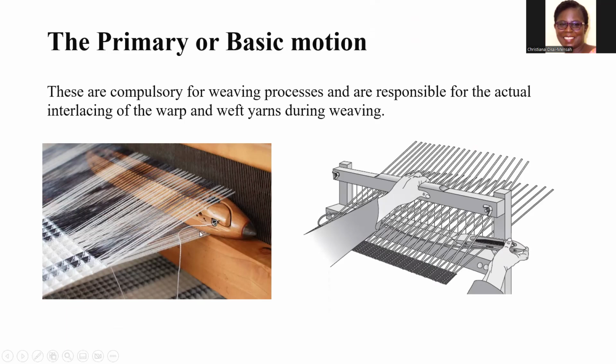So when you step on one of the treadles, let's say the first one is 1 and 3, all the yarns on that shaft will move down. 1 and 3 will move down, then 2 and 4 will stay up, creating a shed for you, like you can see here.